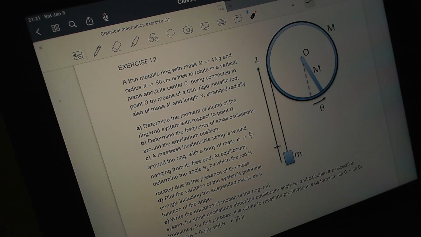It is free to rotate in a vertical plane about the center O, and it is connected to point O by a thin rigid metallic rod, and the mass and the length of the rod are M and R respectively.